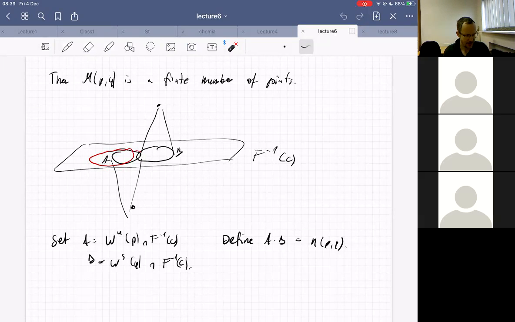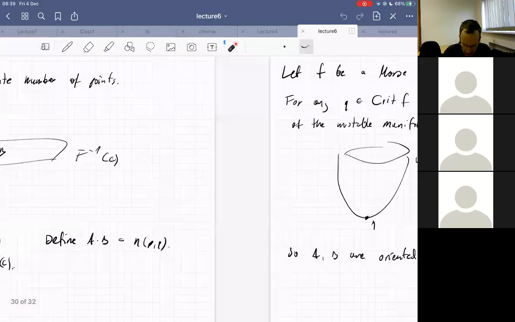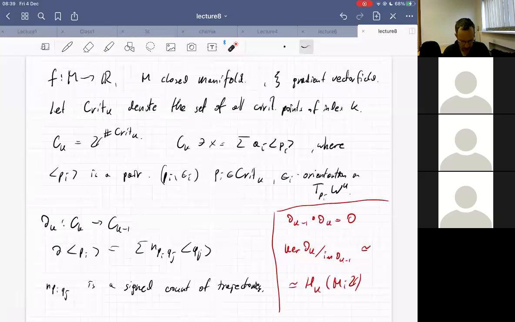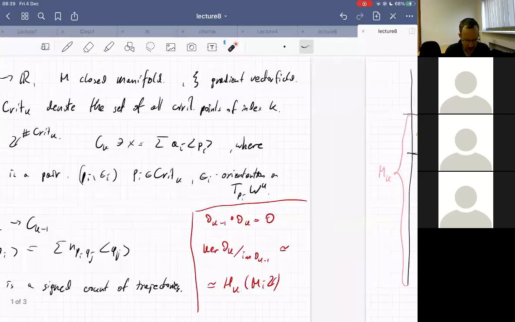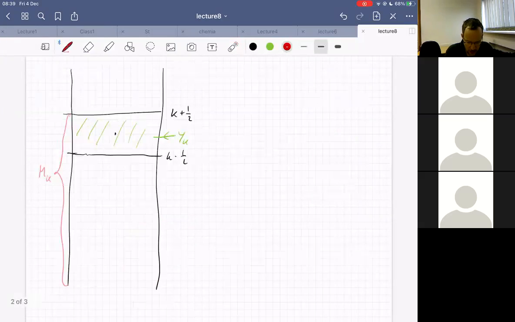So let me come back to the present lecture and start proving it. This is not a proof, what I give is the idea of the proof that is contained in section 2.5 of Nicolaescu's book.